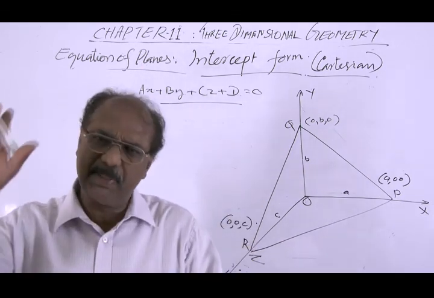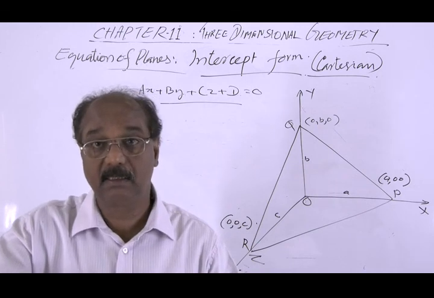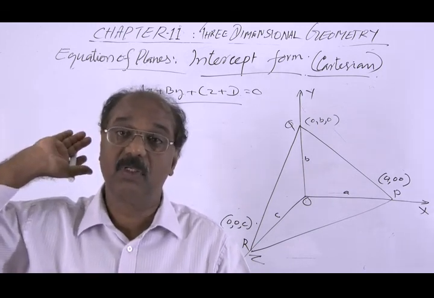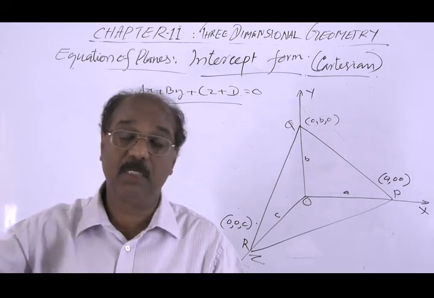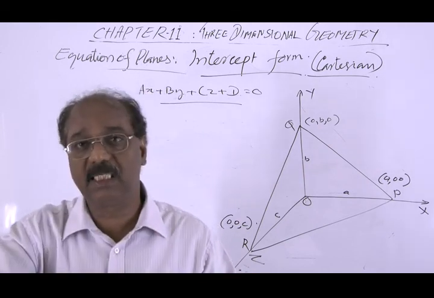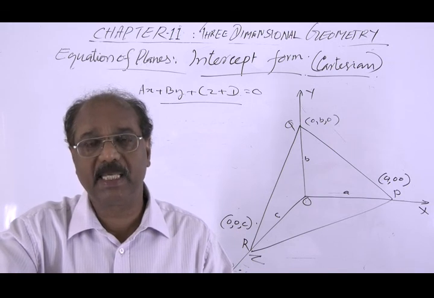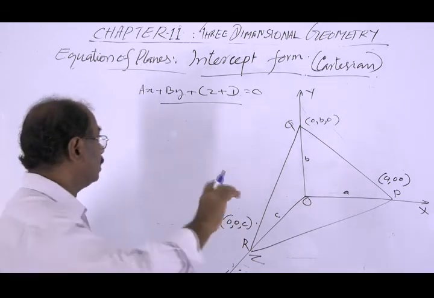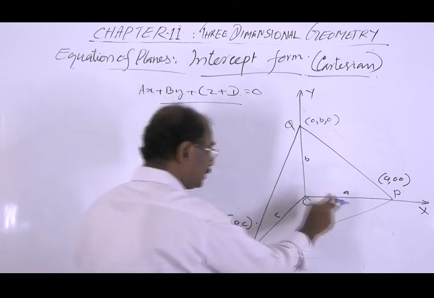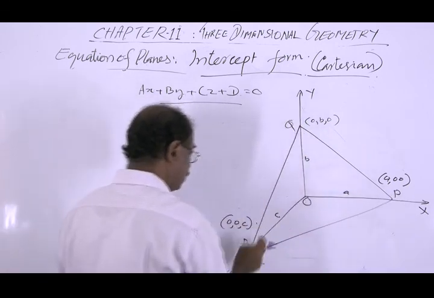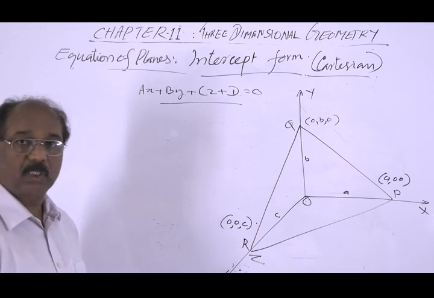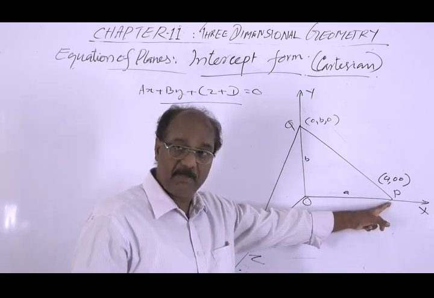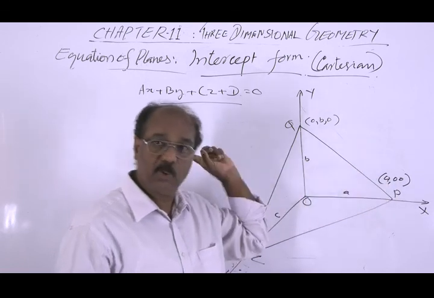This we have seen earlier when we derived the equations of the planes type 1, type 2, type 3, etc. So we can see that the equation of the plane can be taken in this form. This plane passes through these 3 points P, Q and R. Now, the plane passing through the point P means this point will satisfy the equation.